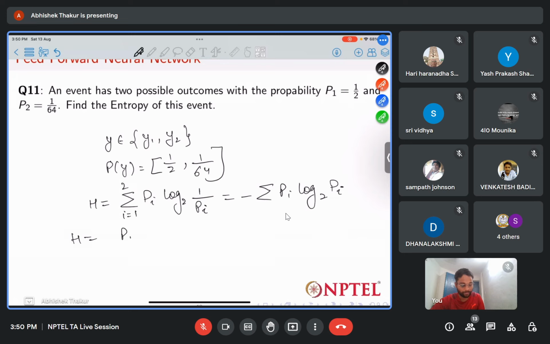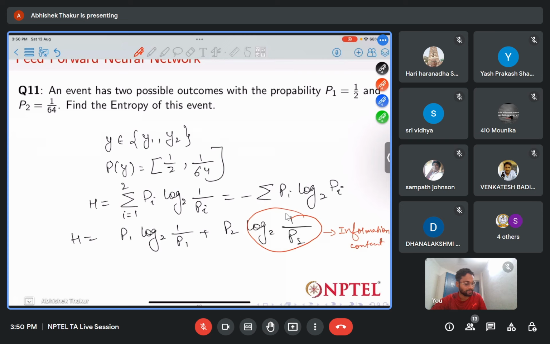That is equal to P1 log 2 1 by P1 plus P2 log 2 1 by P2. And this term is our information content, as we have already seen in the previous question, and it is inversely proportional to the probability.